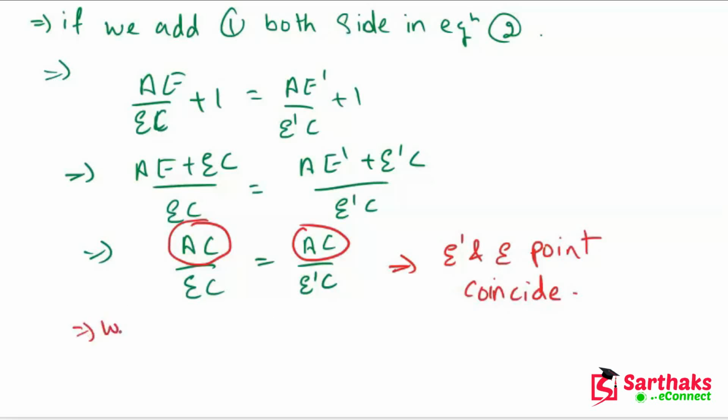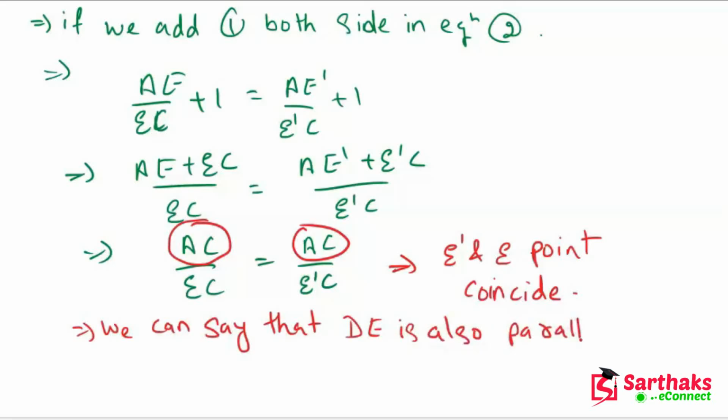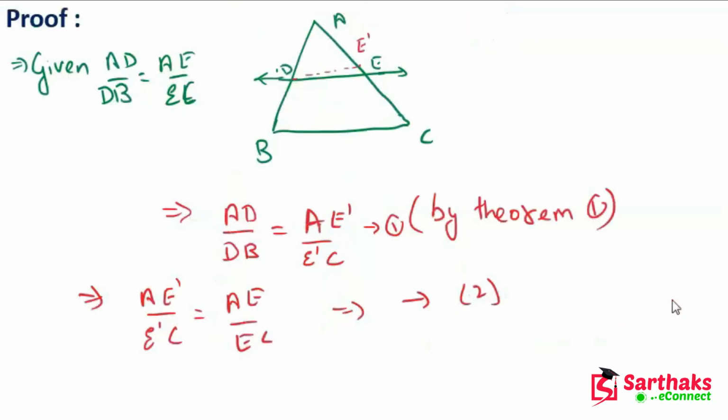So we can say that DE is also parallel to BC, because we assumed that DE dash is parallel to BC.